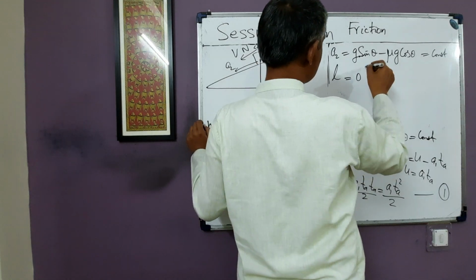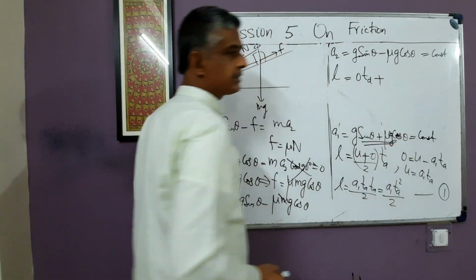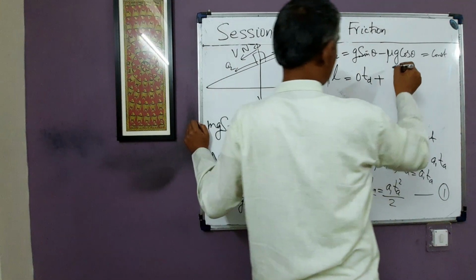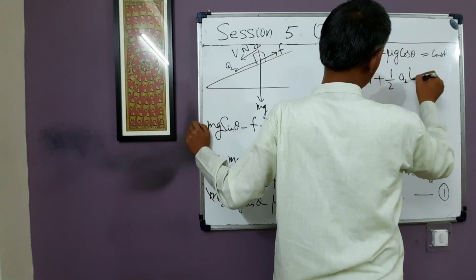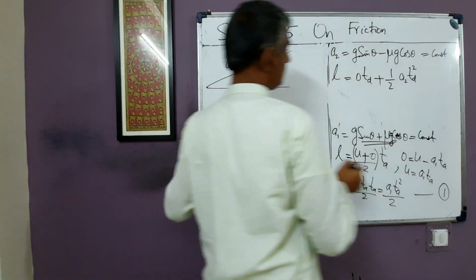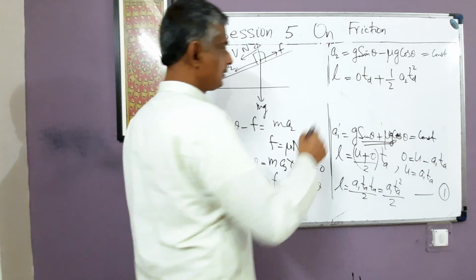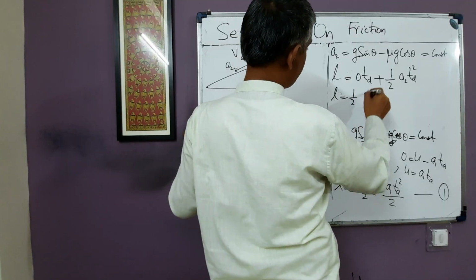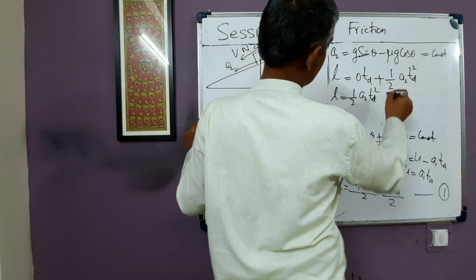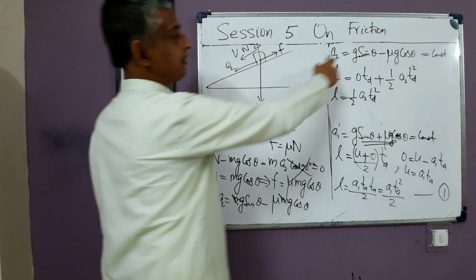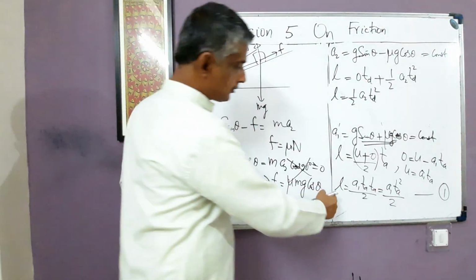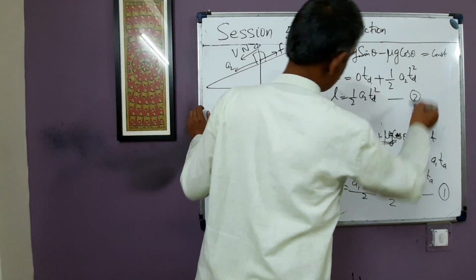So L is equal to 0 into Td, where Td is the time of descent, plus half A2 into Td square. So L becomes half A2 Td square. A2 is this quantity. This is the second equation.